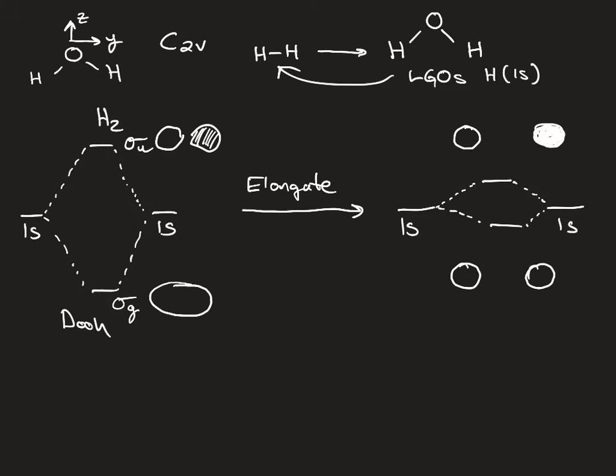Now, these are no longer in D infinity h symmetry. We're talking about two hydrogens that are in water, and water is in the C2V point group. So our symmetry labels have to match that for C2V. I'm going to quickly write out the character table for the C2V point group.